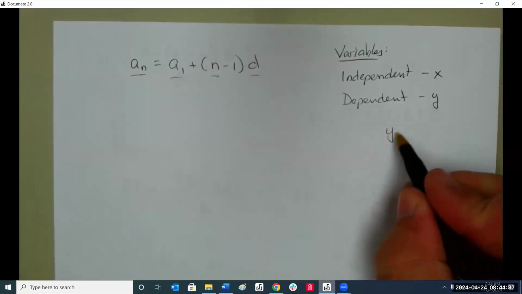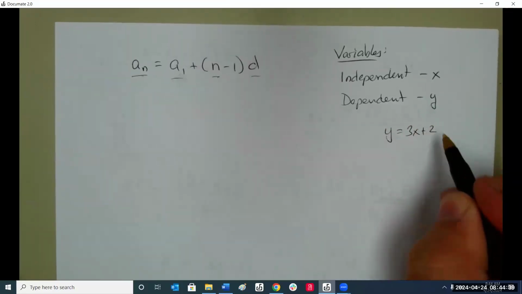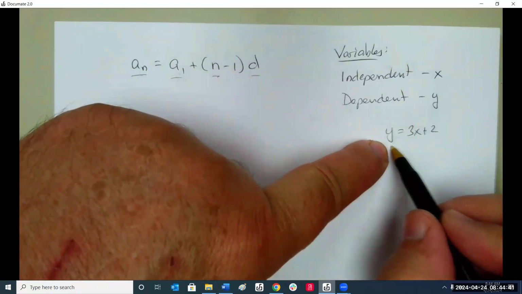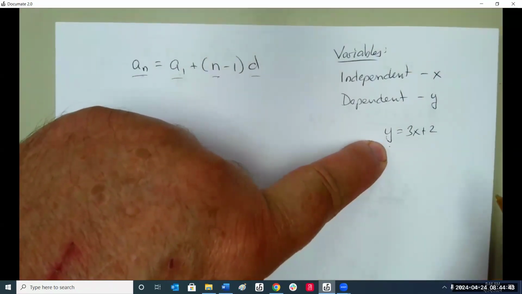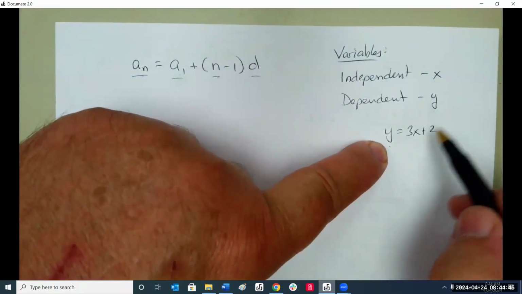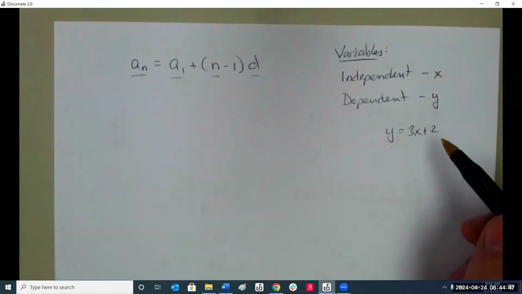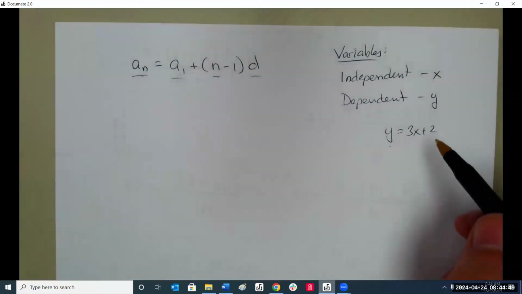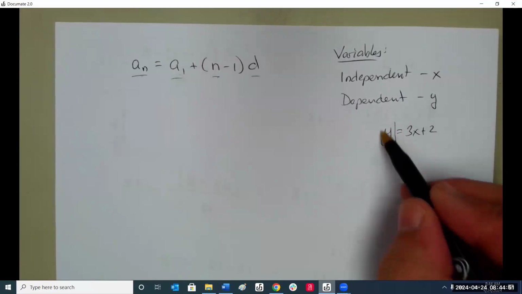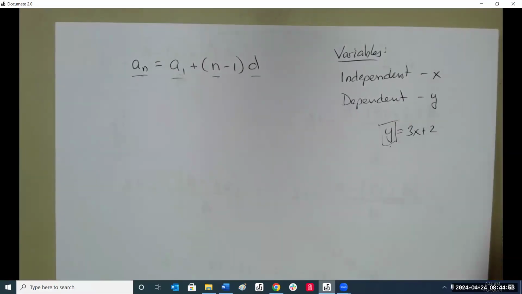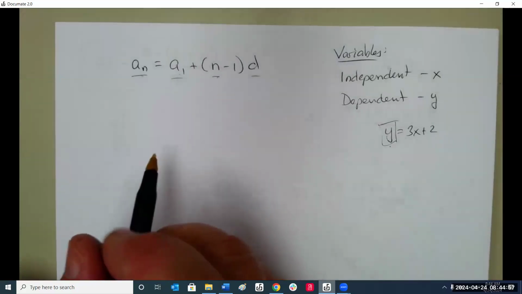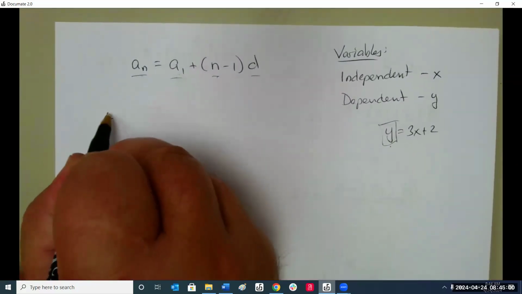You can't tell me what y is until you know what x is. So that's why x can be anything. It's independent. But once I define it, I plug it in there, and that tells me what y is. The reason I'm asking this question is because here's example 3.